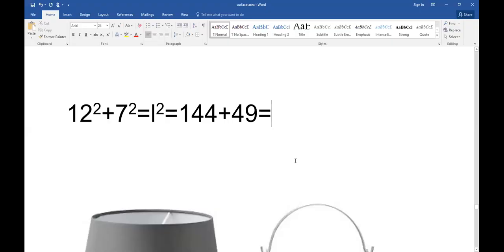So we can say L squared is equal to 193.